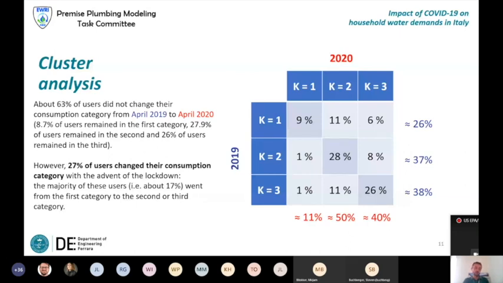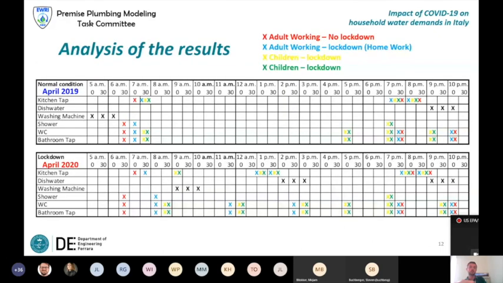Unfortunately, we could not monitor each single end use, and we could not perform surveys of these users during the lockdown period. But we can take a look at these two charts that represent quite a typical situation of a family with two parents and two children.